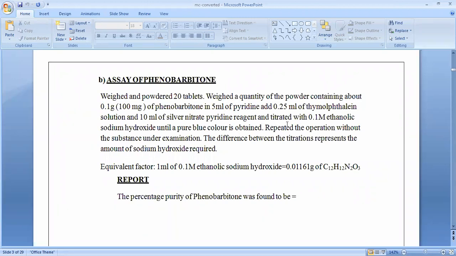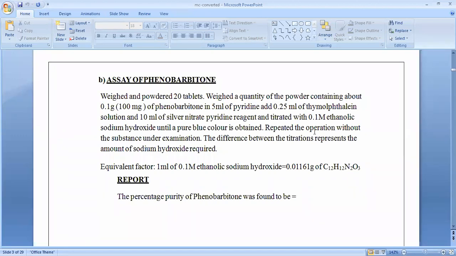When the pure blue color is obtained, we repeat the same operation without the substance, that is the blank determination. The difference between the titration of the blank and the sample represents the amount of sodium hydroxide required.